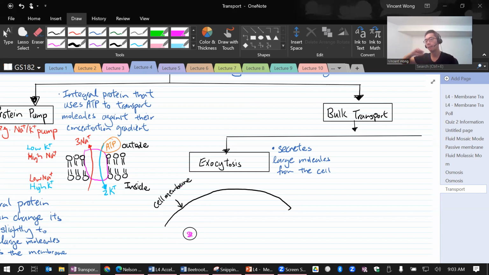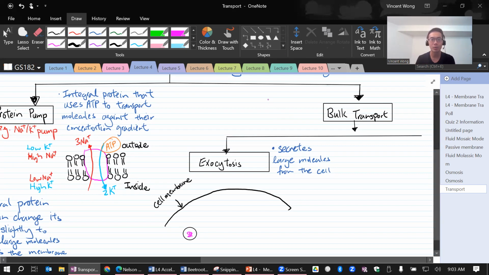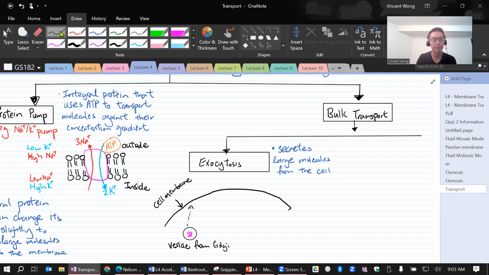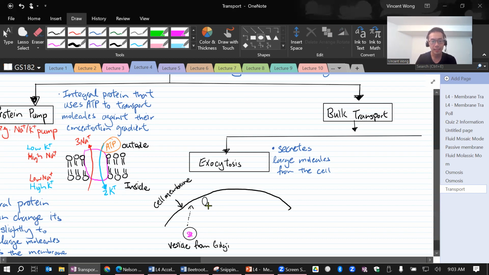It could stay in the cytoplasm, it could become part of the membrane, or you can excrete it directly out of the cell if you need to use it, right? So that's what's going to happen. This vesicle from Golgi is going to move towards the cell membrane, and then it's going to touch the cell membrane.